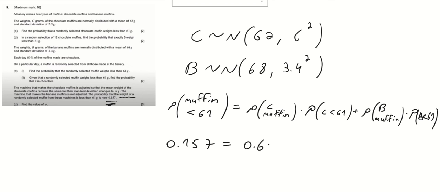We're going to put it as P. We cannot calculate it yet because sigma here is not known. And now for a banana muffin, this is 0.4 times the probability that a banana muffin is less than 61. This can be calculated, and we already did it. And that was 0.019.